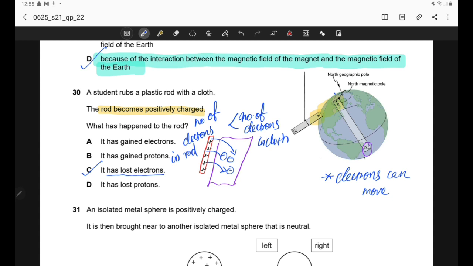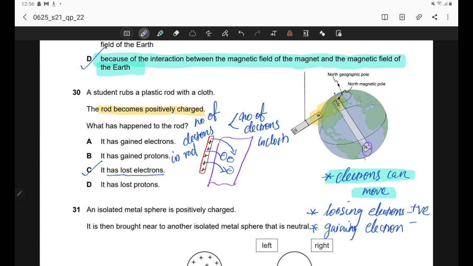They will be lost from one object or gained by the other object. So that is the most important point. Electrons are the only particles which can move from one object to another, and losing electrons will cause that object to become positively charged, and gaining electrons will make that object become negatively charged. Therefore, if you know this concept, you can easily answer this question.